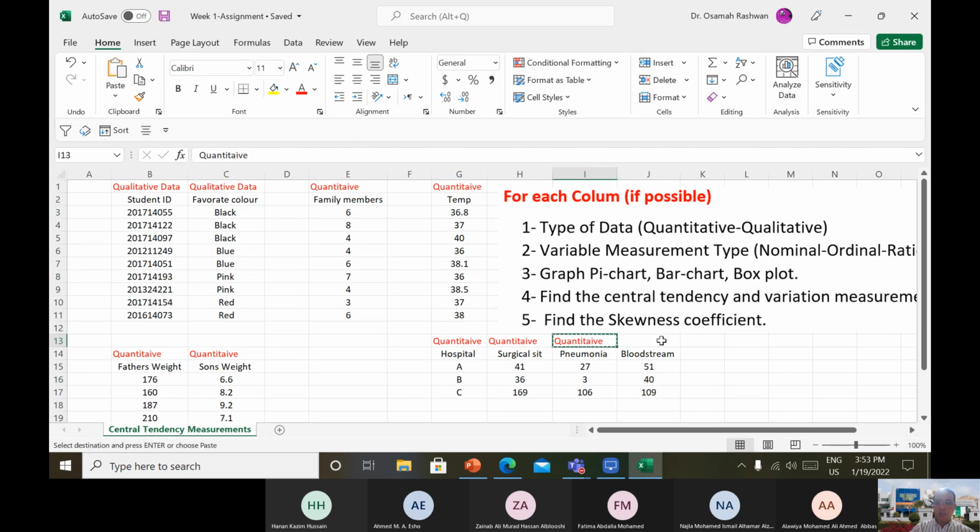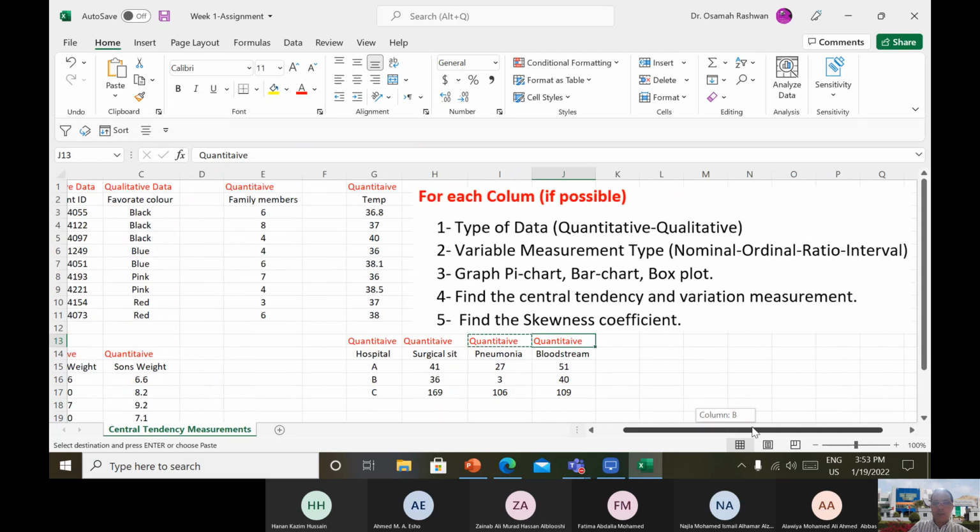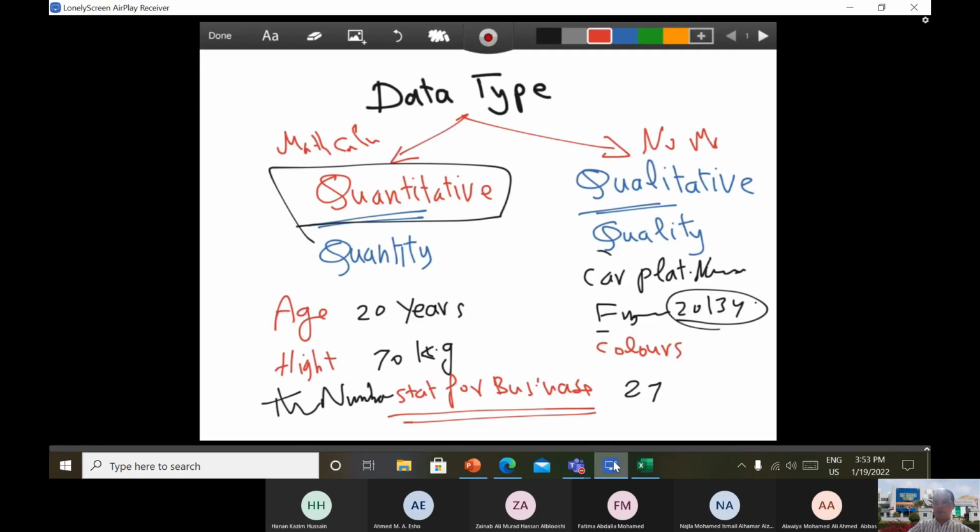Okay. Let's go for the second part of the question. Variable measurement: nominal, ordinal, ratio, and interval. Let's see what this type of thing means.